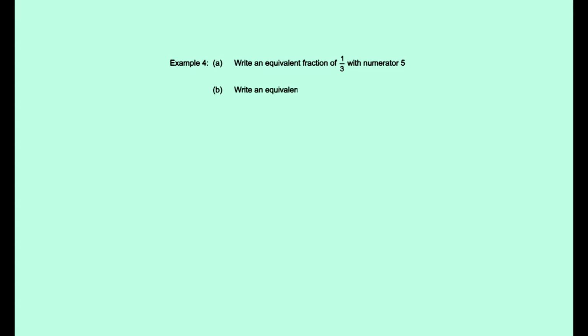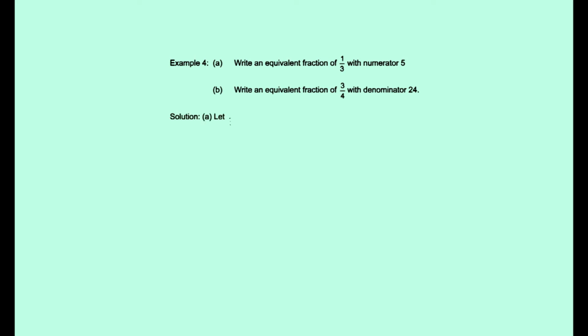Finding out equivalent fraction with given numerator or denominator. Example 4. Write an equivalent fraction of 1 by 3 with numerator 5. Write an equivalent fraction of 3 by 4 with denominator 24. Solution.